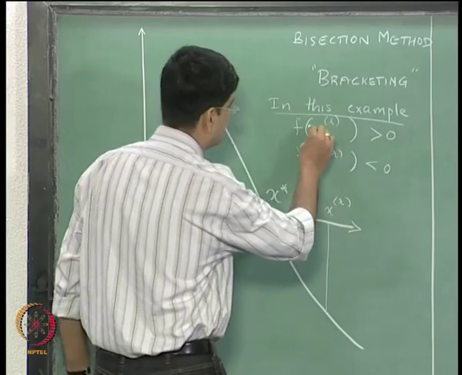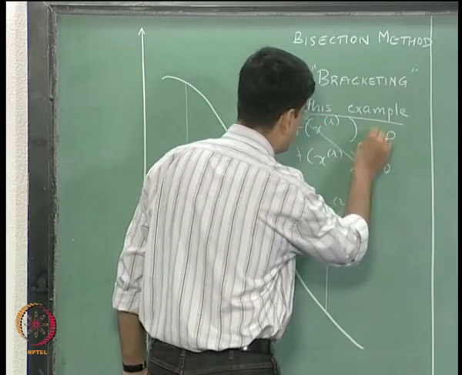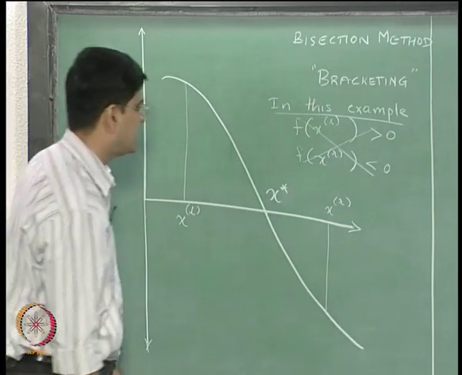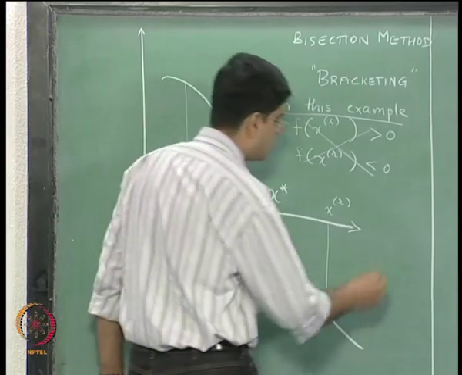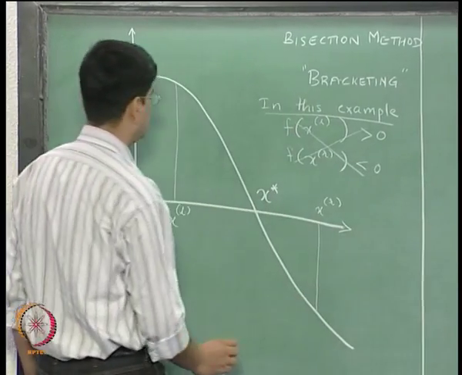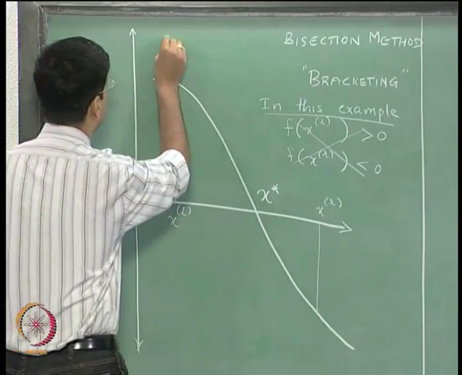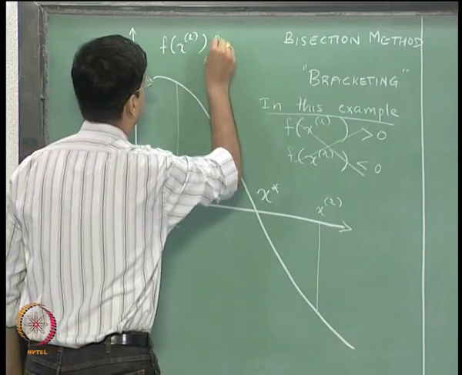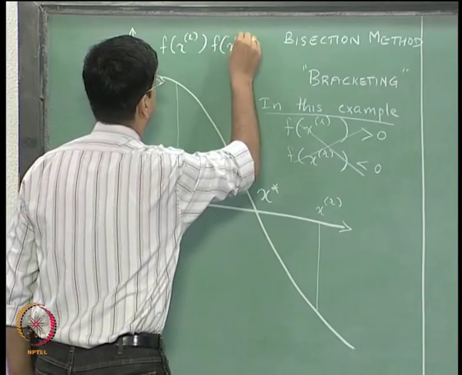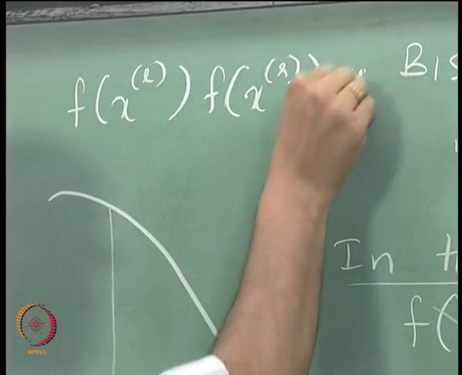Okay. So rather than looking at this particular criterion to decide whether xl and xr lie on either side of x star, the criterion that we will use is that f of xl multiplied by f of xr should be less than 0.